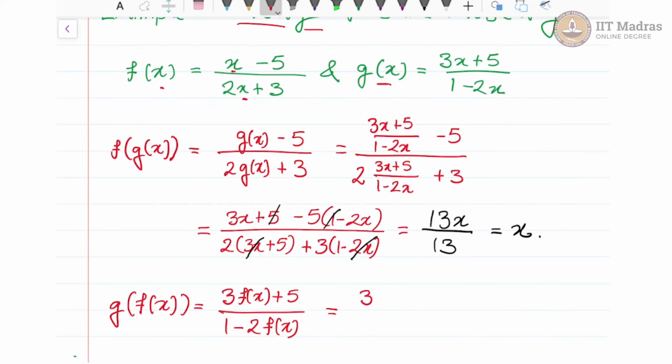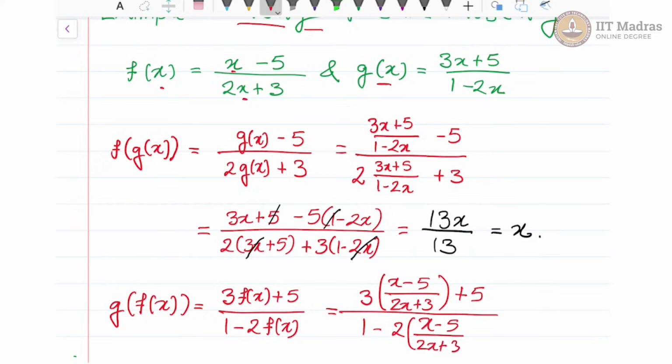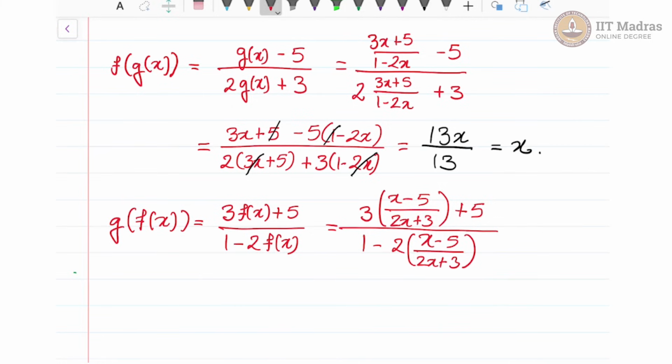So 3 into (x minus 5) upon (2x plus 3), plus 5 upon 1 minus 2 times (x minus 5) upon (2x plus 3), and then again the same logic applies.